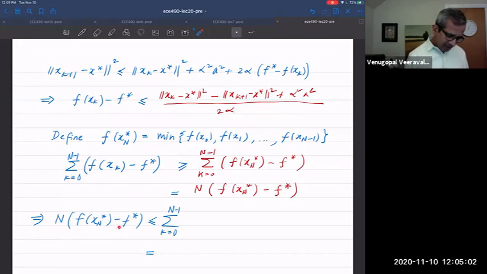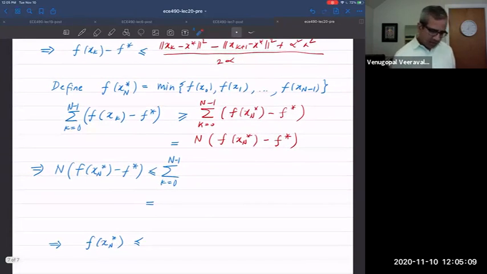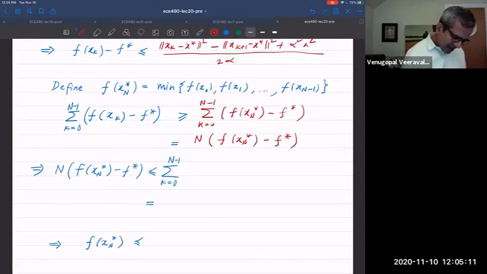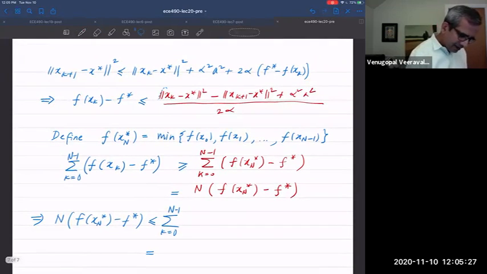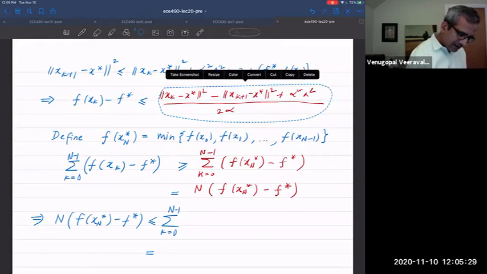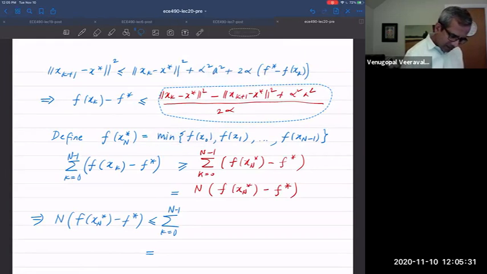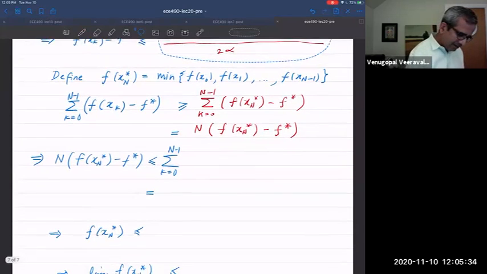So I can replace this by n times f of xn star, and that's less than or equal to the sum over xk. Let's copy and paste from here, take this and plop it down here.